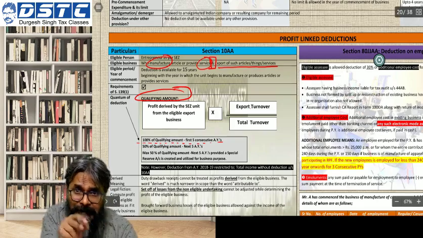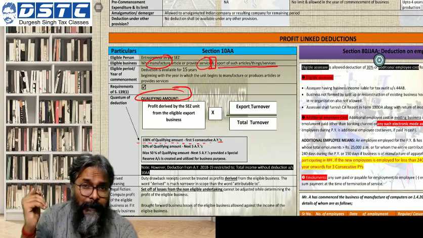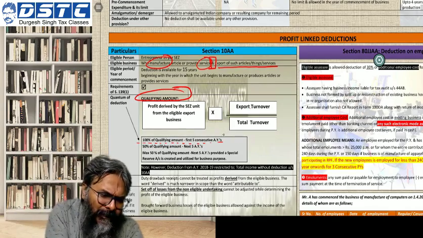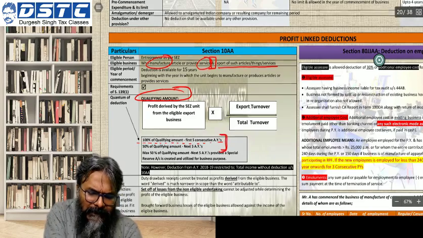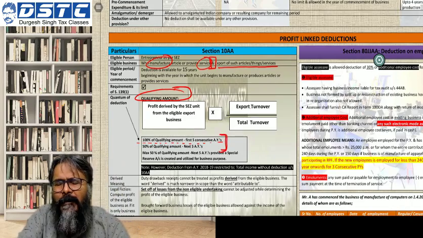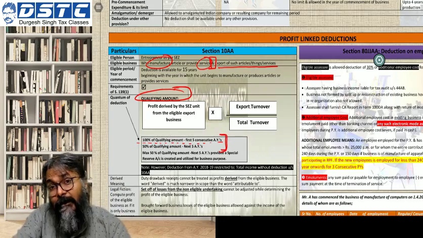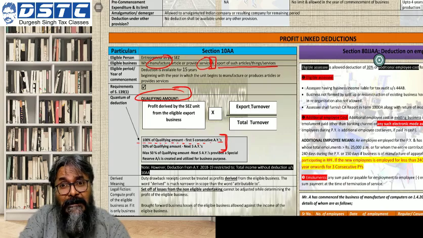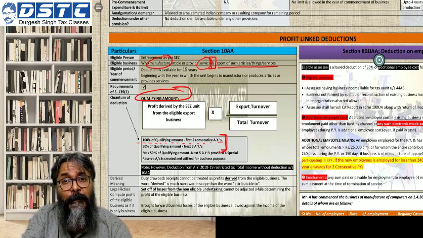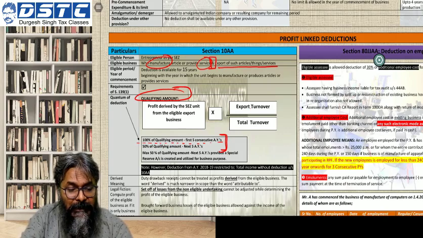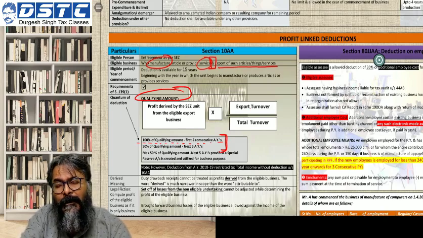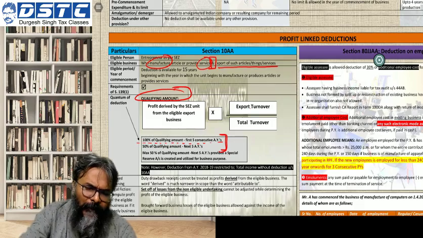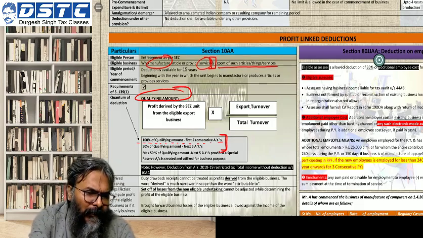If it is the 6th, 7th, 8th year, you need to calculate, and on that basis you will take 50% only. In the examination you will get only these two. The third you will not be getting at all. If the question is silent and does not say anything about the year of operation, then in that case you will take 100% of the qualifying amount. This is how you will deal with this particular proposition.